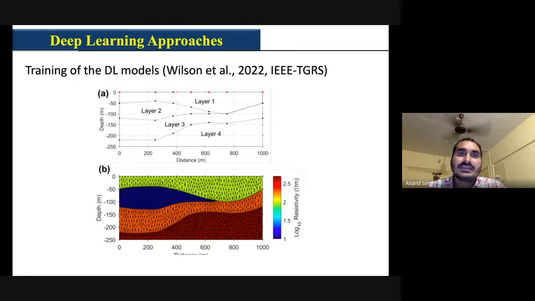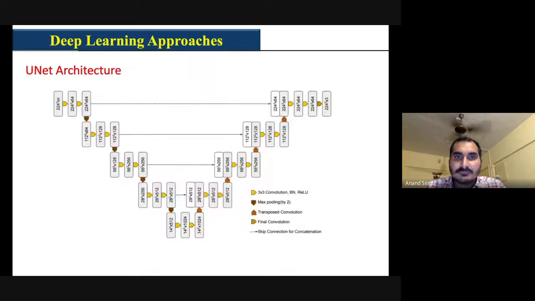Further, we came up with another approach, which was deep learning: the effective way to train your geological model so that you can generate different combinations of subsurface model parameters.